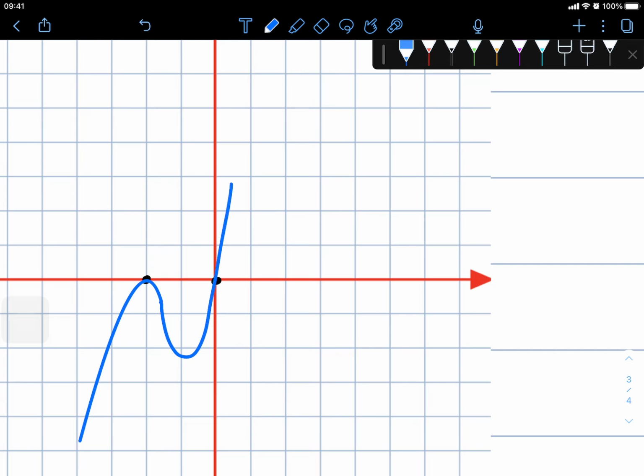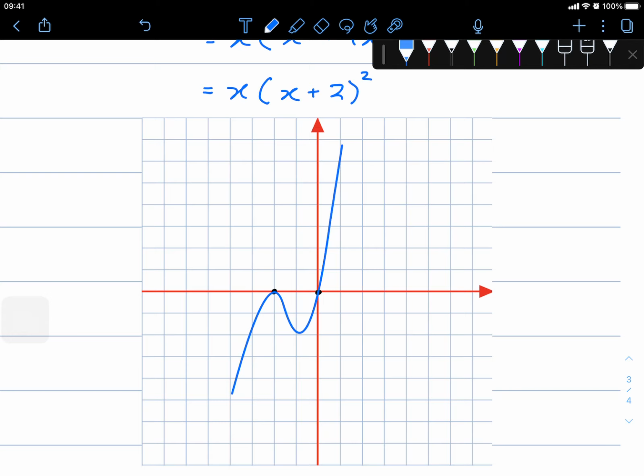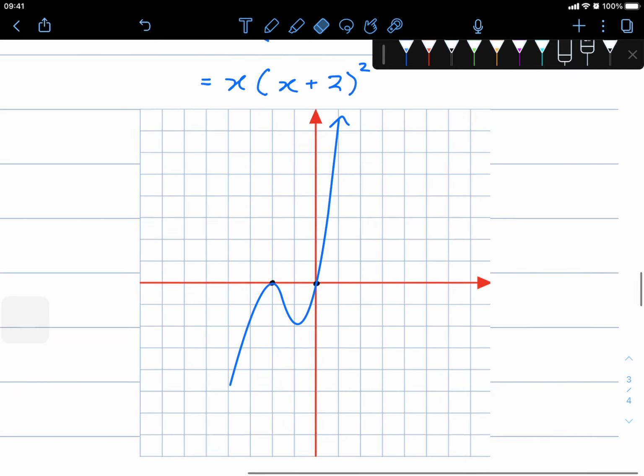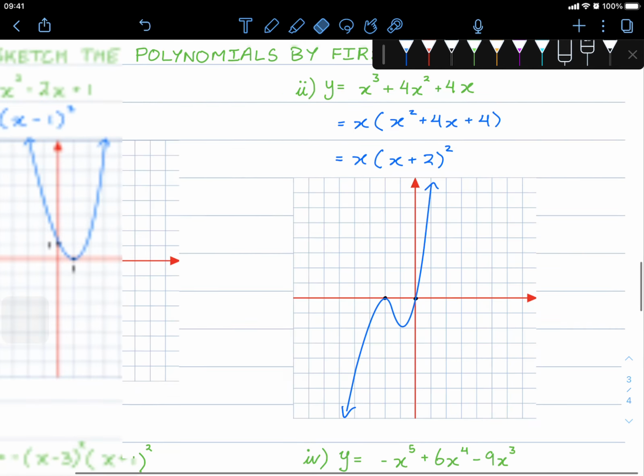I'm imagining it to be somewhat like this. So that is the sketch that I'm seeing of this cubic.